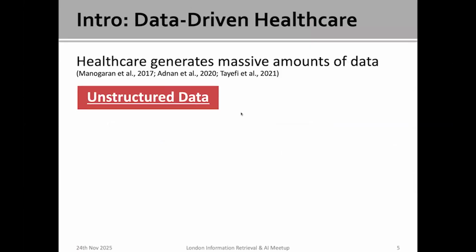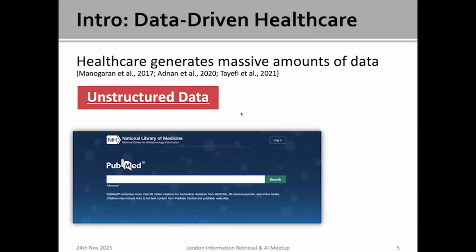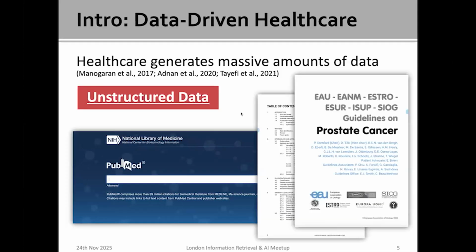Of course, there's also another pillar, which is more unstructured data. And I also have a few examples for that data type here. So, of course, everything that is related to medical publications that you can find on PubMed, for example. And of course, we also have guidelines that give medical professionals recommendations for how to treat specific diseases.